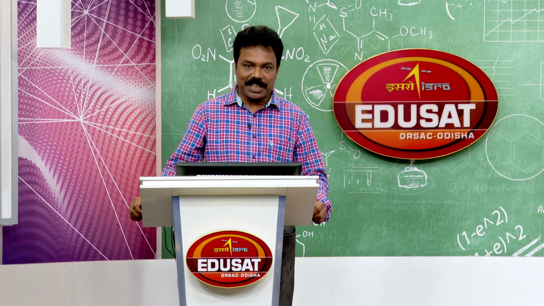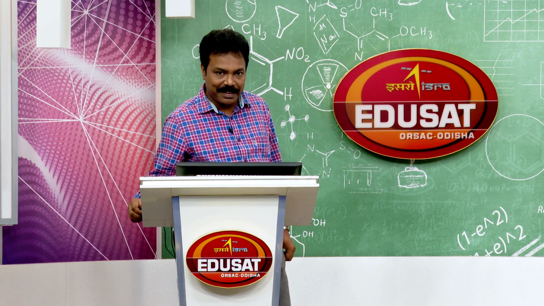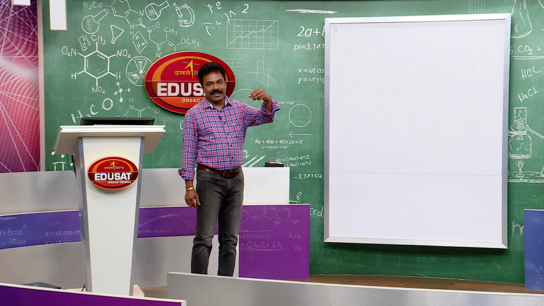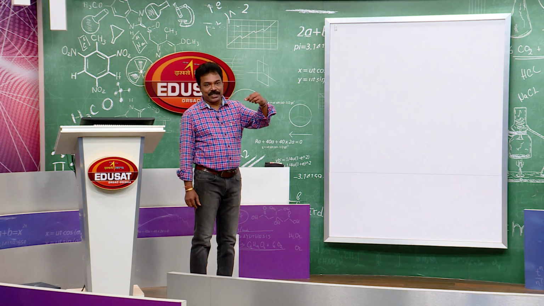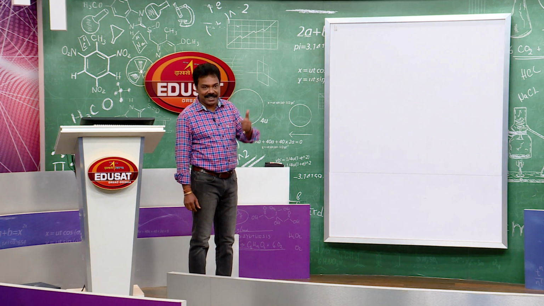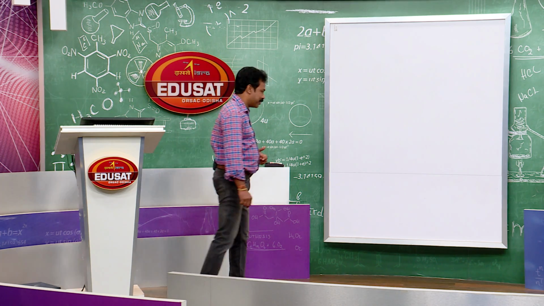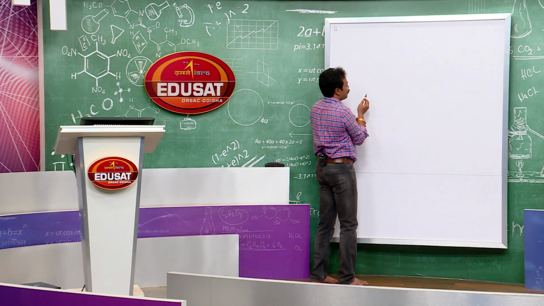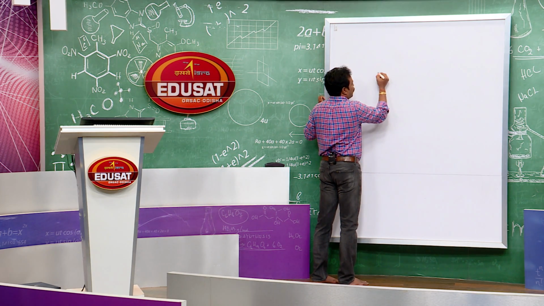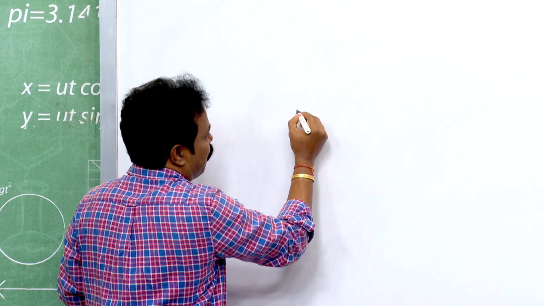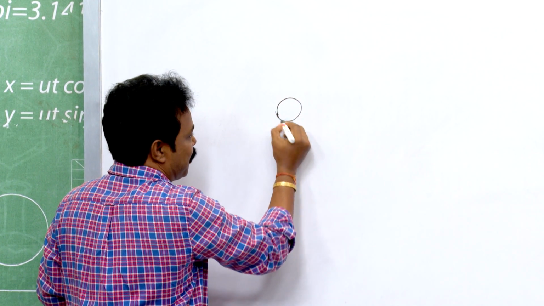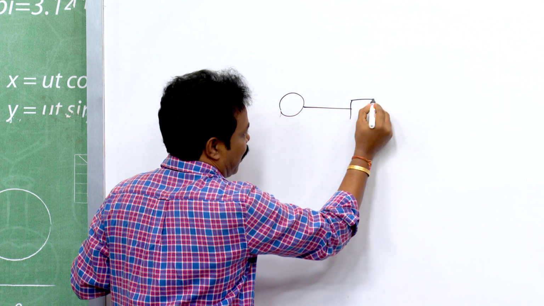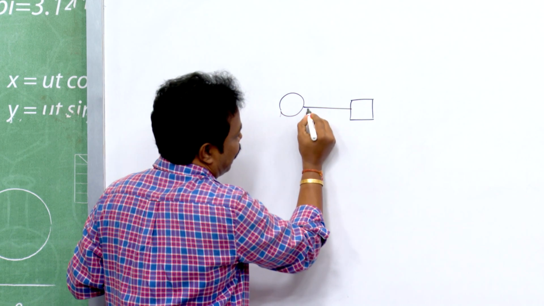In the pedigree chart, what we do actually? We make a chart of a family history of inheritance or appearance of a trait for many generations. Let us take an example. In pedigree analysis, the females are shown in circles, the males are shown in squares.